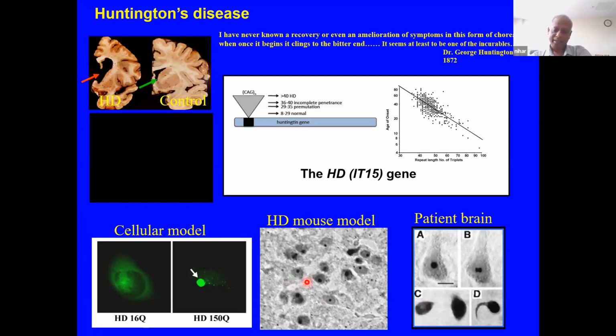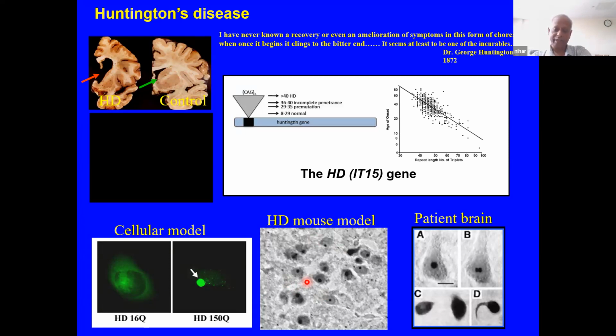So in 1996 they developed the mice. They first reported that these mice exhibit many of the essential behavioral deficits that you see in a Huntington's patient, including typical chorea.